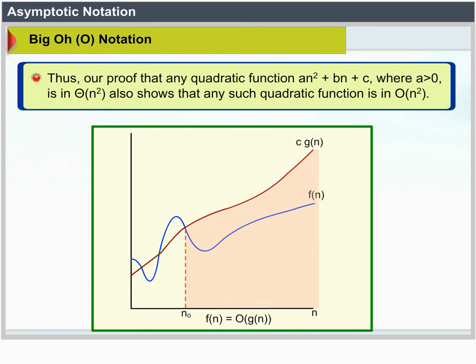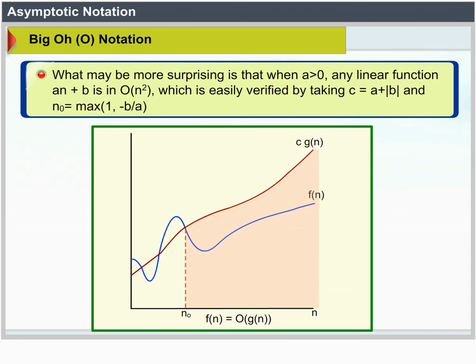Thus, a proof that any quadratic function a n squared plus b n plus c, where a greater than 0, is in big theta of n squared also shows that any such quadratic function is in big O of n squared. What may be more surprising is that when a greater than 0, any linear function a n plus b is in big O of n squared, which is easily verified by taking c equal to a plus the absolute value of b, and n naught equal to max of 1, minus b by a.